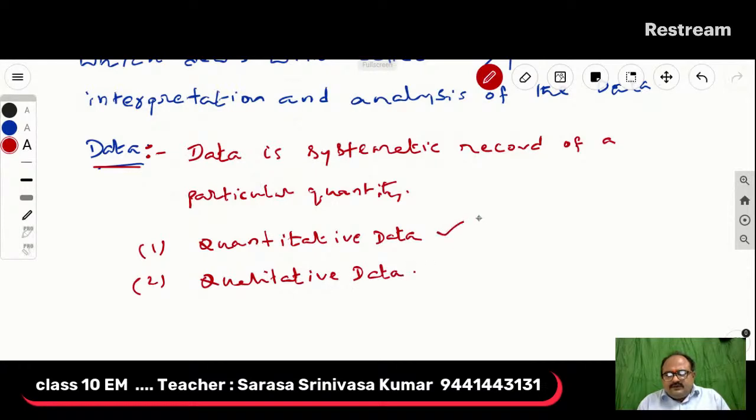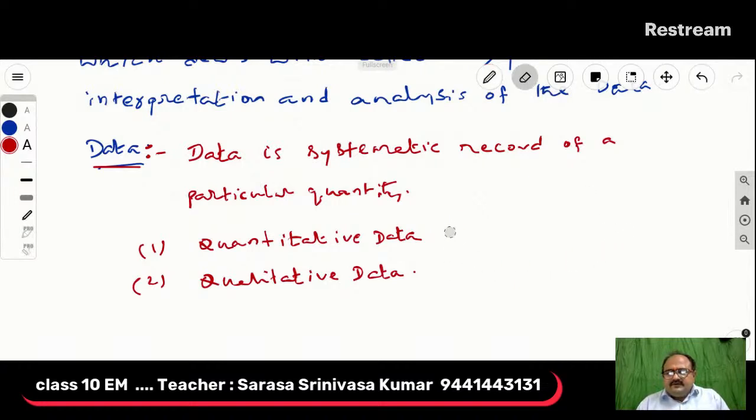Now we deal with quantitative data and we are not dealing with the qualitative data. An example of qualitative data is the intelligence or personality of a person. Personality of a person is qualitative data. Now it is not in the syllabus.